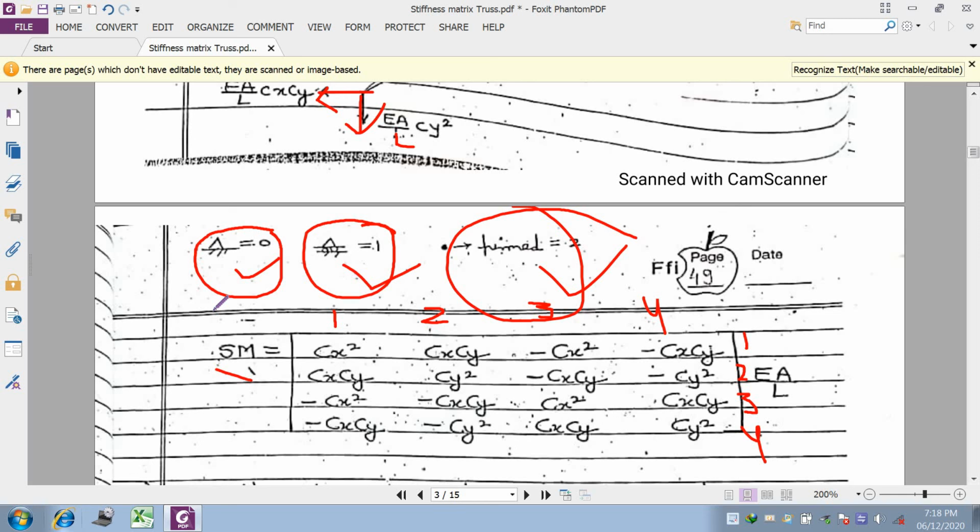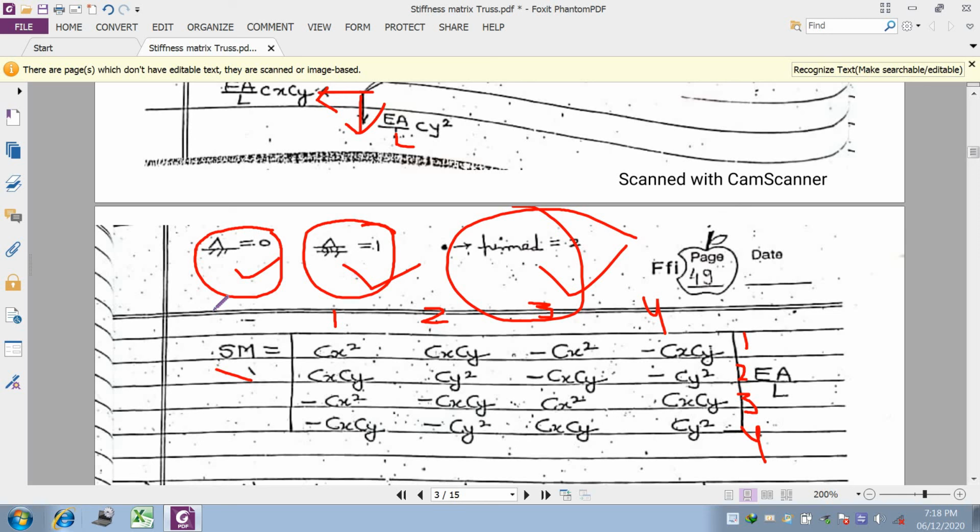This stiffness matrix is applicable to every truss element, and for each member you have to calculate it by this formula only. This is a very basic formula, and you have to remember it. If it is asked in your examination, it will carry around 7 marks.